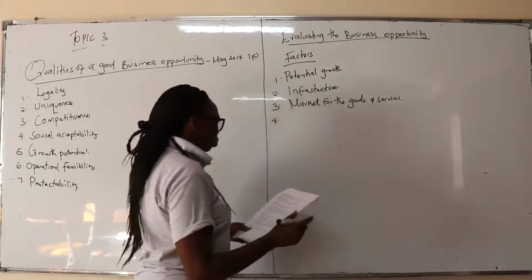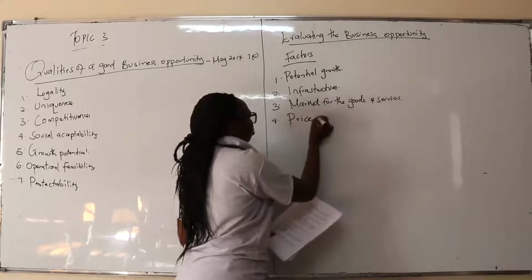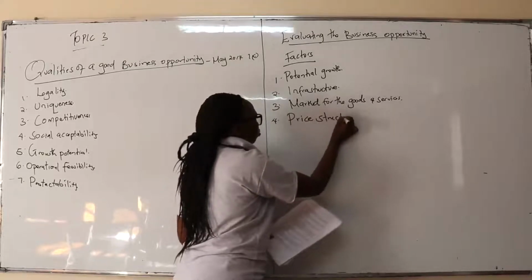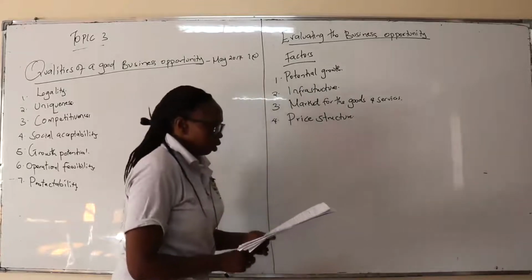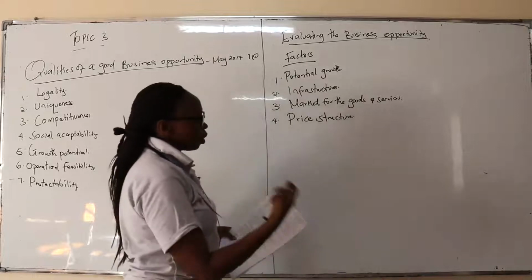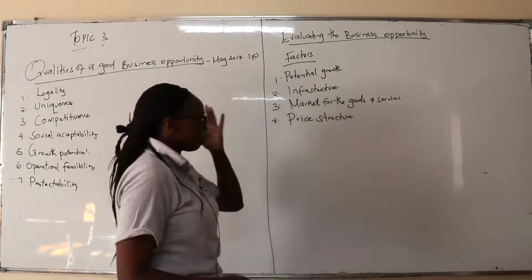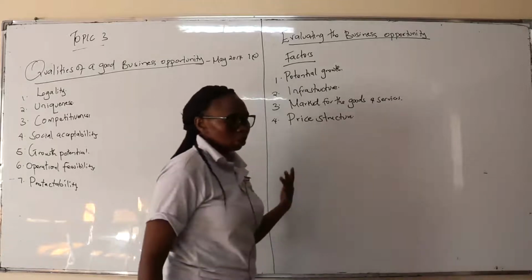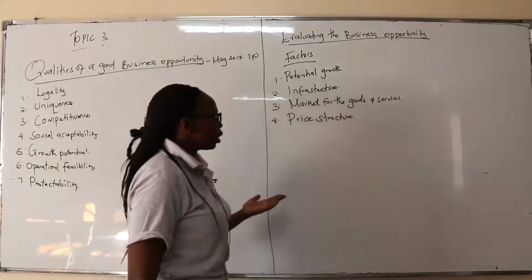Another factor to consider is the pricing structure. Remember that we have various methods of coming up with the price of a product. Some will use the cost-plus method, some will use the marginal pricing structure, among others.